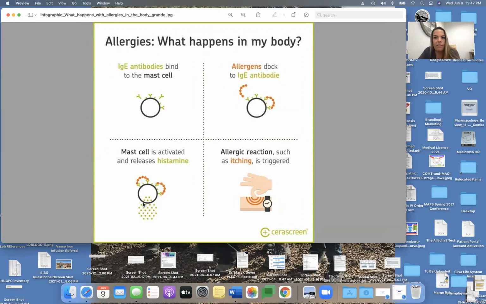Now, mast cell activation disorders, mast cell activation syndrome, are quite different and very, very confusing because there are over 1,000 bioactive substances in a mast cell, and we're talking about histamine here. So that's a totally different thing that we're not even going to talk about today. And then somebody has an allergic reaction and they itch.